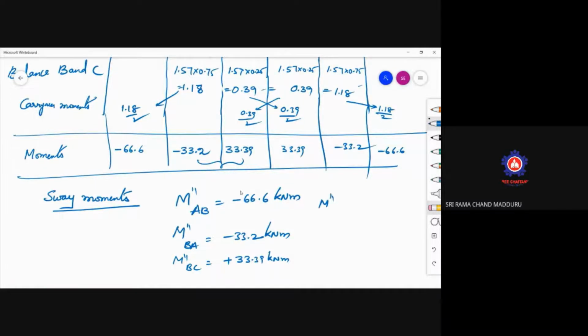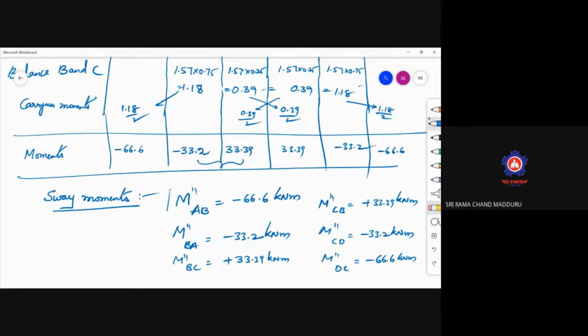M double dash CB is equal to plus 33.39 kilonewton meter. M double dash CD is equal to minus 3.2 kilonewton meter. M double dash DC is equal to 6 kilonewton meter. So these are called sway moments.